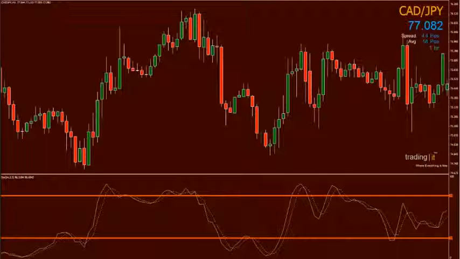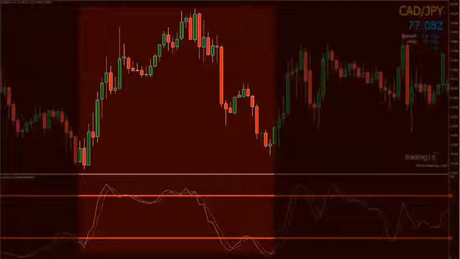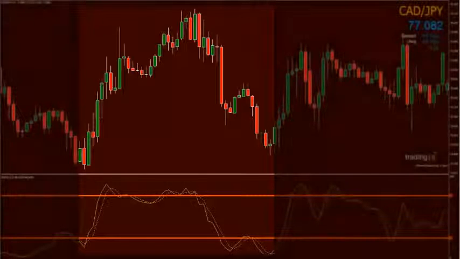Like any other tool from the trader's toolbox, a stochastic should be used in conjunction with other tools. Identifying whether price is in an uptrend or a downtrend is critical in implementing a trading strategy before selecting the types of tools you will use.